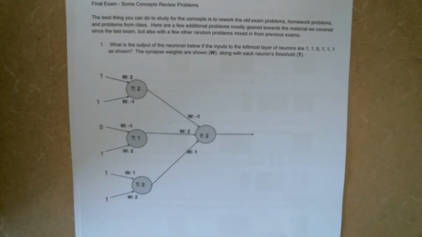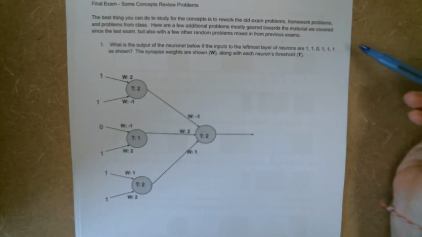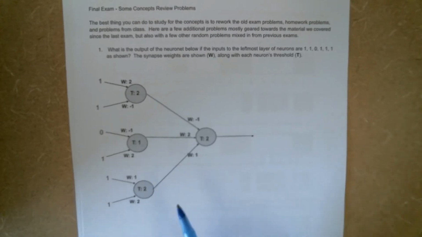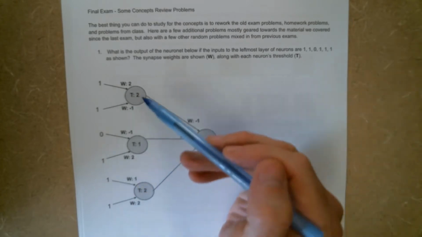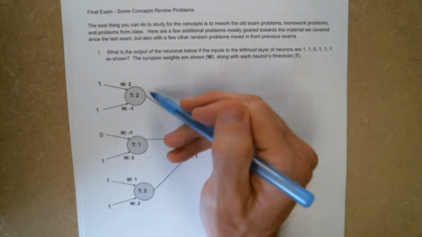All right. So if we take a look at this first question, it says, what is the output of the neuron net below if the inputs to the leftmost layer of the neurons are 1, 1, 0, 1, 1, 1, as shown? The synapse weights are shown along with each neuron's threshold. Remember, for this to output a 1, we have to exceed the threshold.